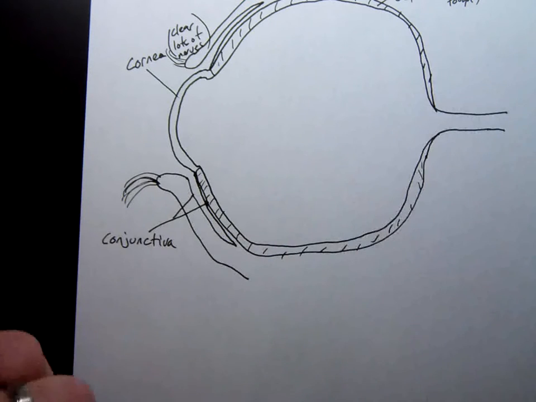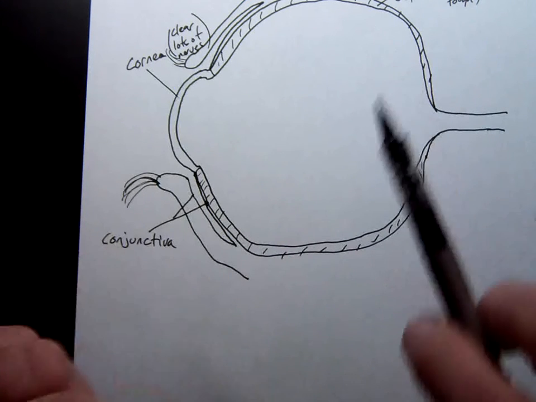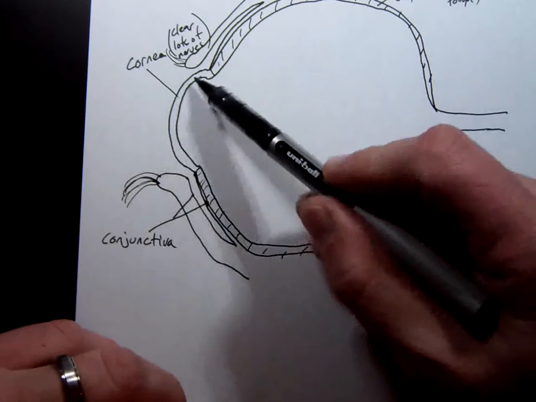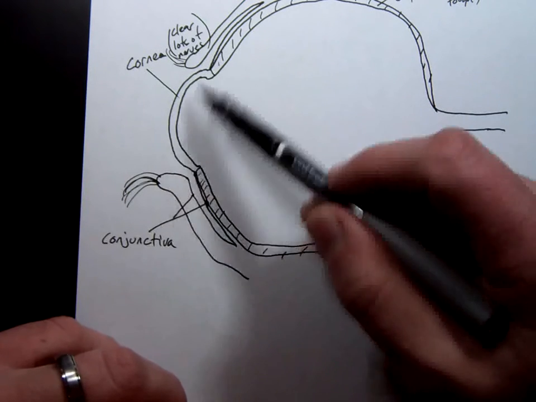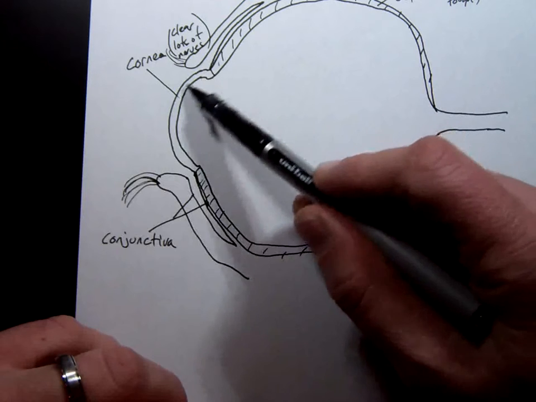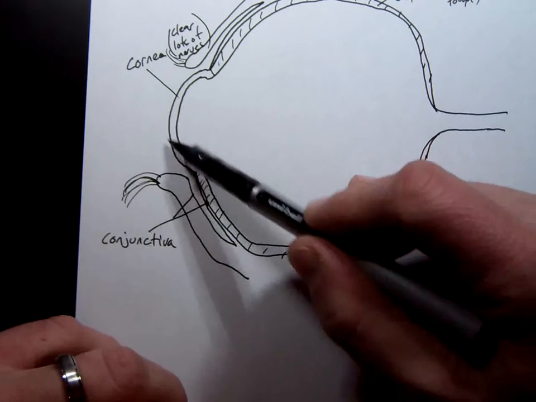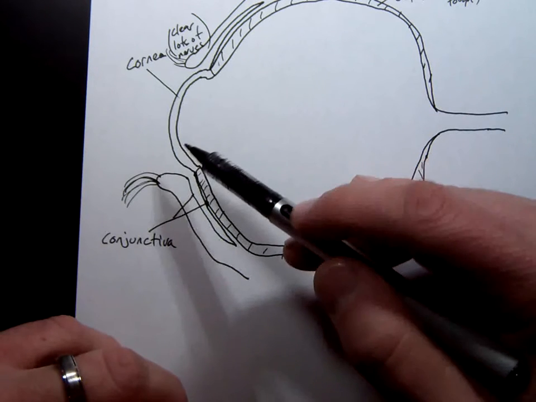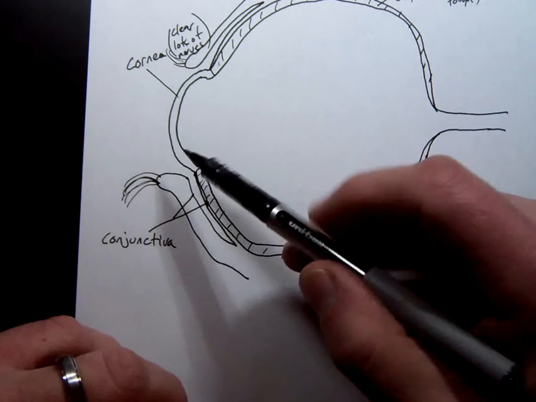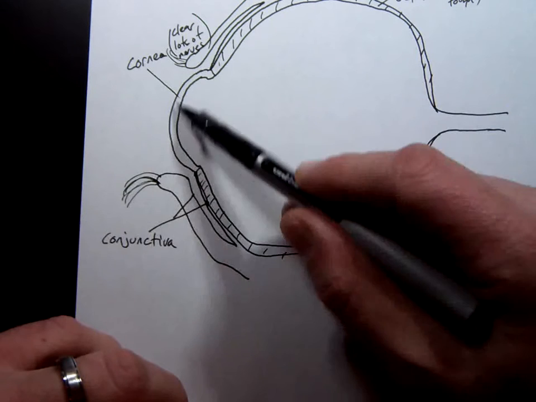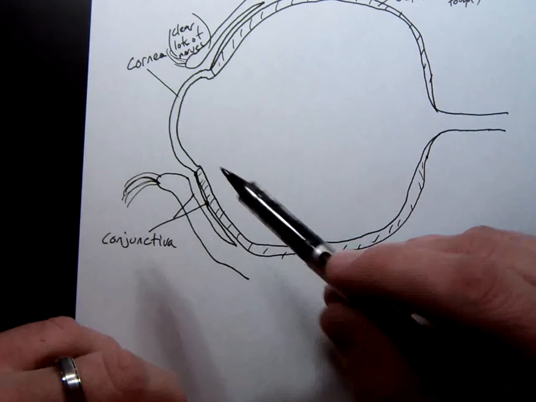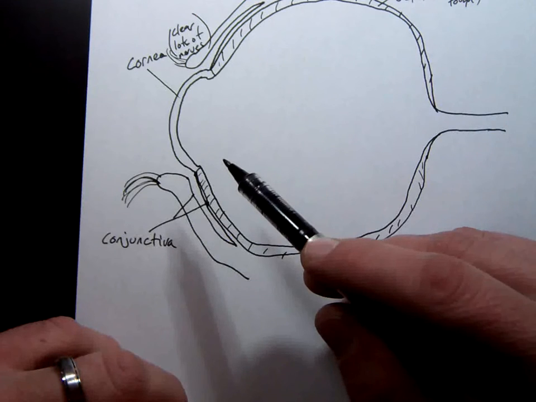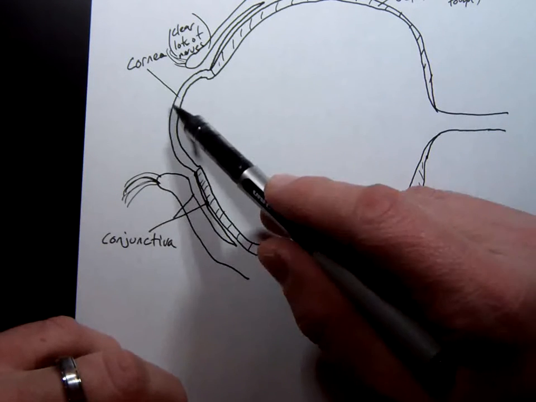Here's what happens, gang. Why do I have to take my contacts out? Let me tell you a story. If you don't take them out, bacteria will live back behind them and reproduce and multiply. When they do, the bacteria, looking for a nutrient source, will find one right here. They will start eating your cornea, digesting it, and it will eat little holes in there.